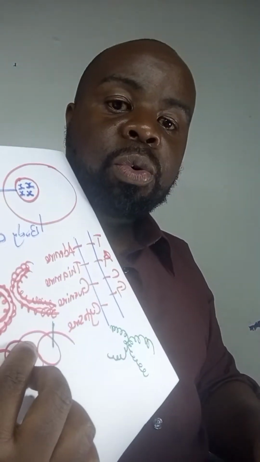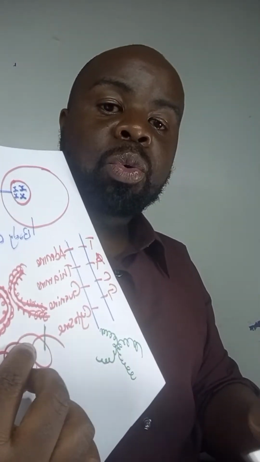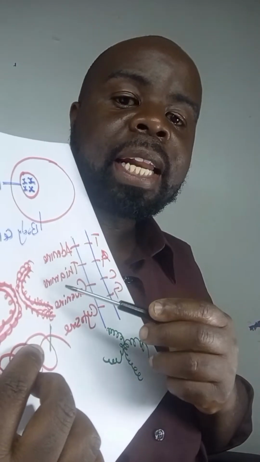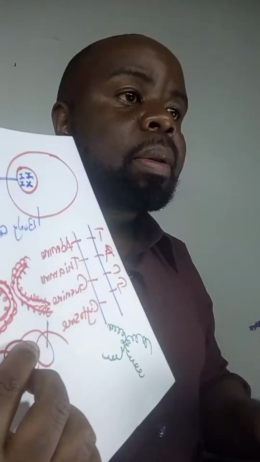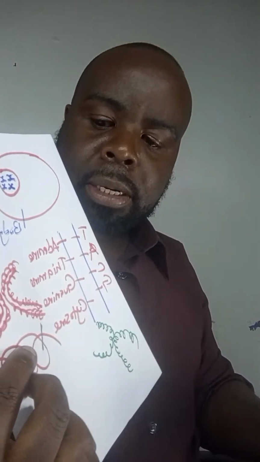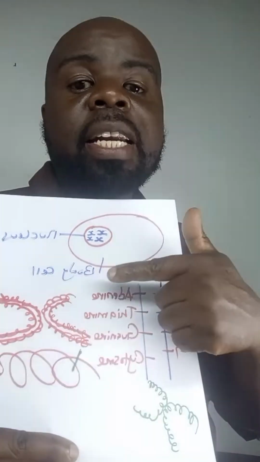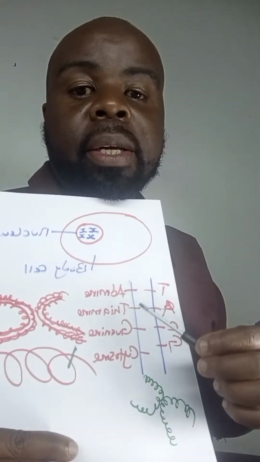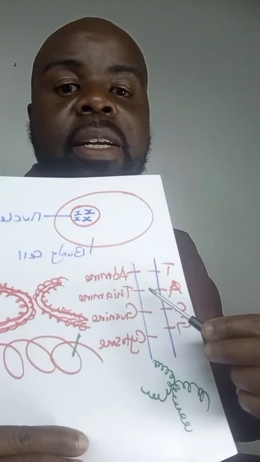So you will see someone else having their guanine, thymine, cytosine, and adenine. Adenine, here you can see, binds to thymine. Thymine binds to adenine, and then guanine binds to cytosine.